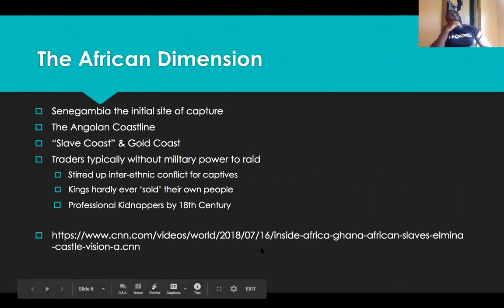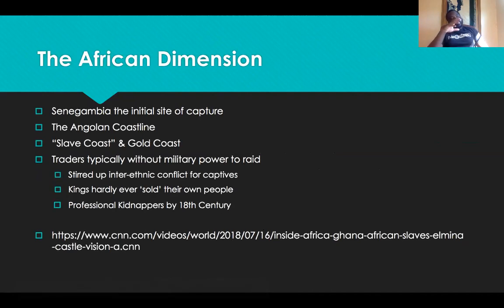So let's talk about the African dimension. We said that people who were enslaved into Sao Tome and Principe in the late 1400s mainly came from Ghana and that area which is closest to Sao Tome on the mainland.